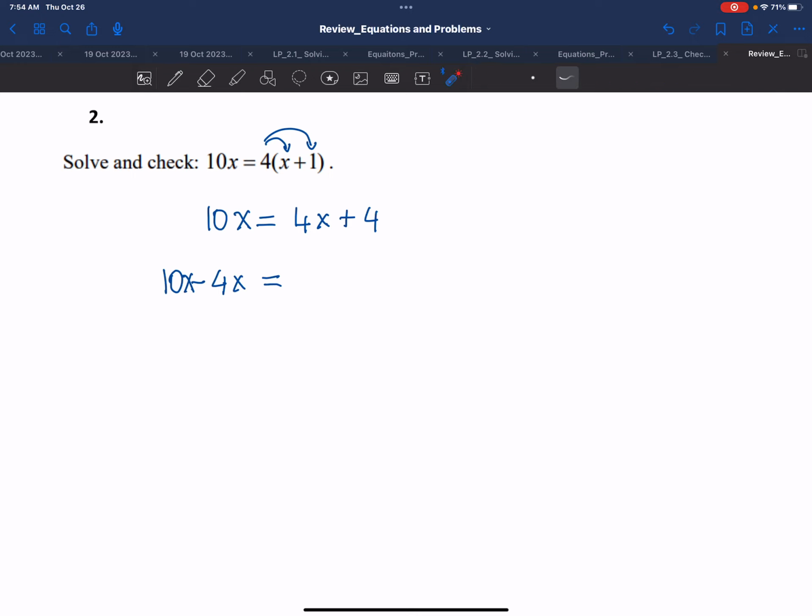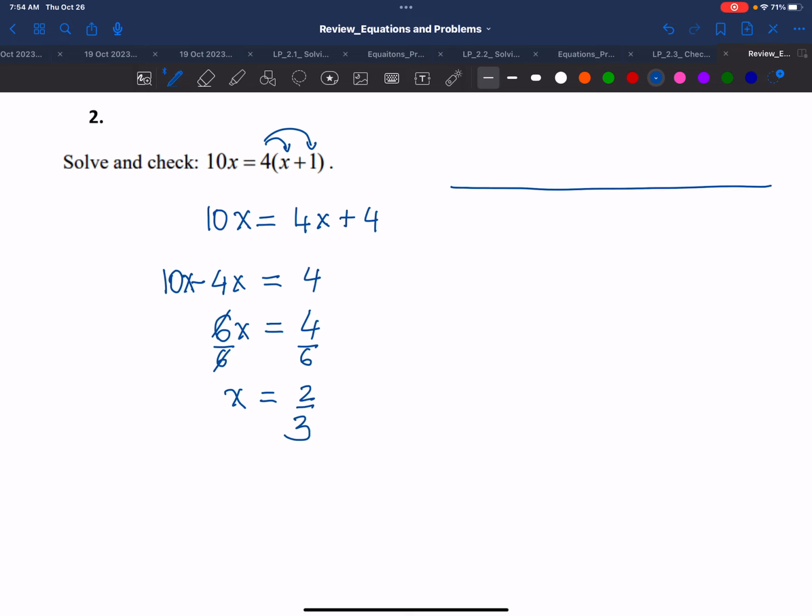So 4x is moving to the other side, changing the sign to negative. 10x minus 4x equals 6x equals 4. So x equals, divide both sides by 6, 4 over 6 or 2 over 3.